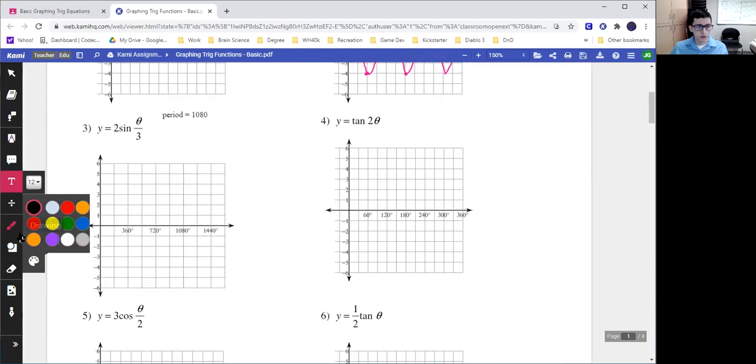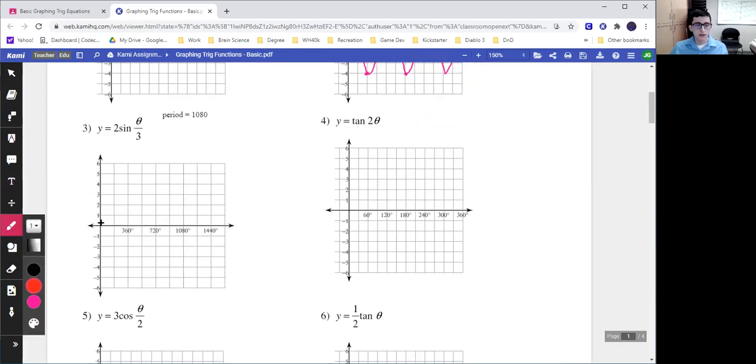So at 0, sine of 0, we have 0 times 2, which is still 0, right? Let's do one where we want sine of 90, which would be 270. If we plug 270 degrees in here, that gives us 270 divided by 3, which is 90.